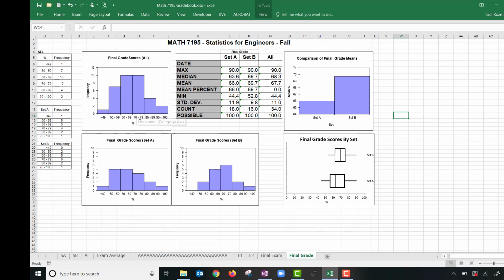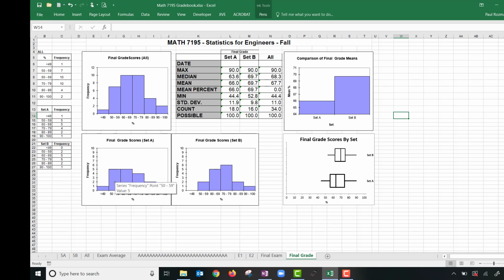The average for the course, I guess I have a little glitch in my spreadsheet there, but it looks like it's in the high 60s. Oh, there it is. It's 68. The median was also 68. Again, set B's overall grade also followed a bell curve. Set A's not perfect, but not bad.